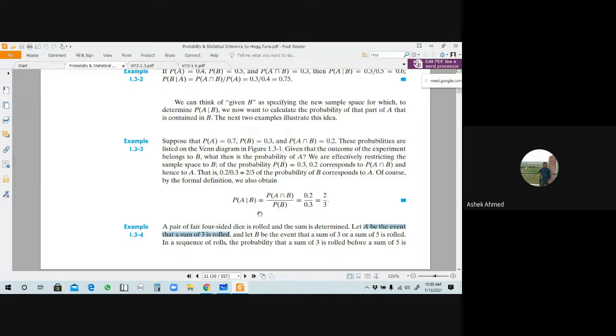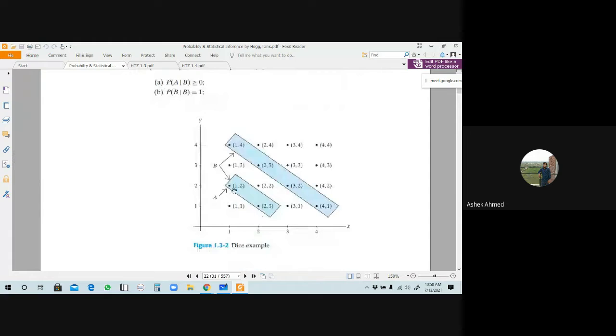So which outcomes will be there for the event A? Which limits give a sum of 3? 1 2 and what? 2 1. Is it right?